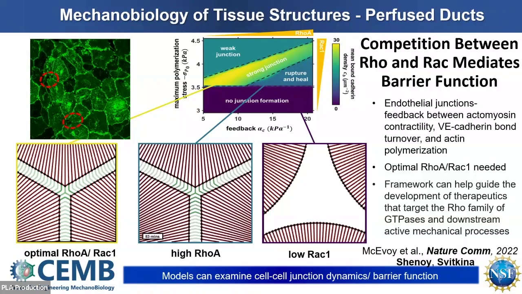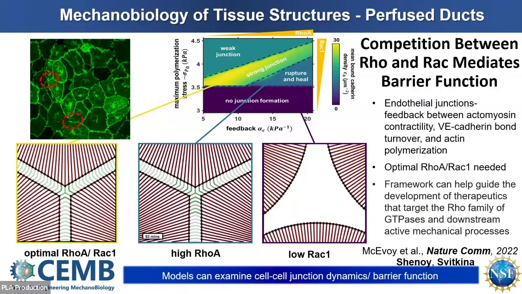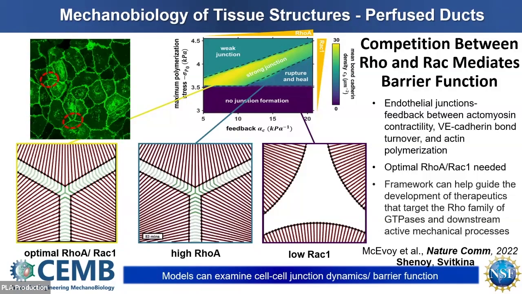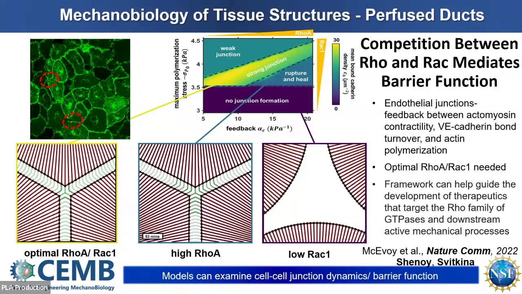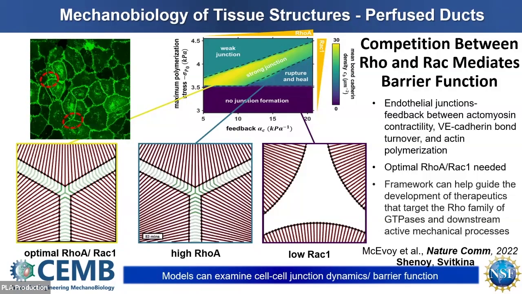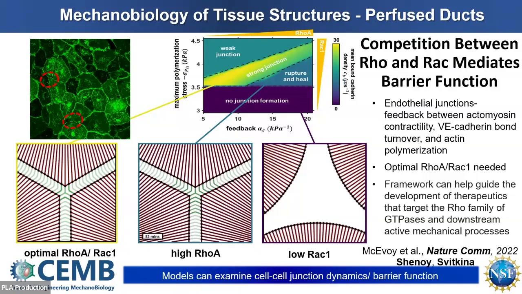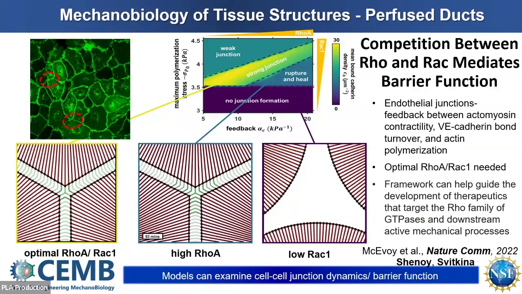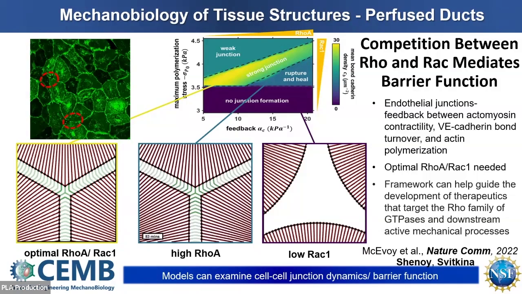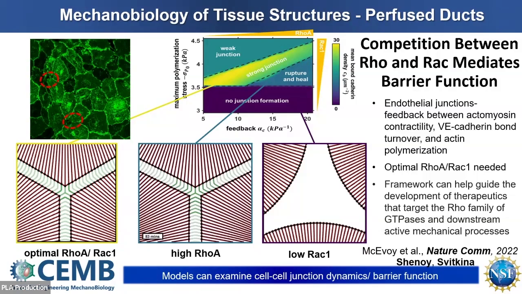And so what they found, there's an optimal ratio of that RhoA and RhoC needed in order to maintain a tight junction. So if that's off balance in any way, you get a loss of the or weakened junctions in these models. So again, these types of discoveries are important for understanding or potentially developing some sort of therapeutics in this area, looking at the Rho family here with these tight junctions.